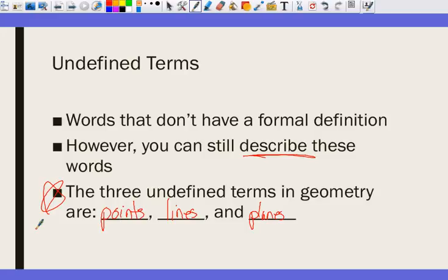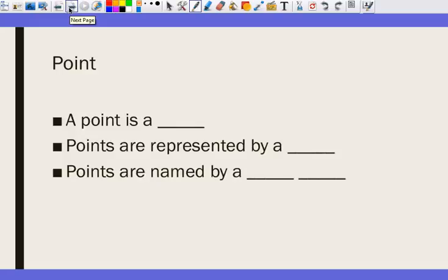All right. Who can guess what our first word is going to be? Points. You're right on the point with that one. Thanks. So, one person's got this first blank correctly. Let's see if we can double that. A point is, can you guess what it is? A blob?